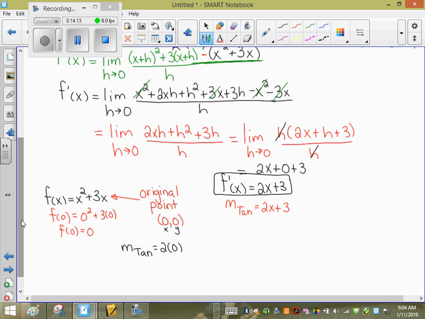My y is 0, but is there any y in this? Wow, I'm having problems today. Is there any y in this specific tangent slope? No, so I don't have to plug it in. If there was a y, I'd plug in 0. So I'm going to go 2 times 0 plus 3, and my m tan is what? Is 3 at 0, 0.